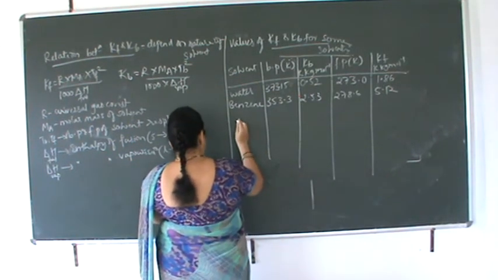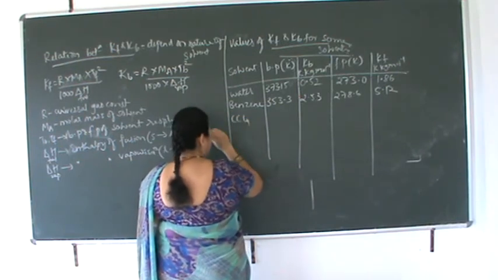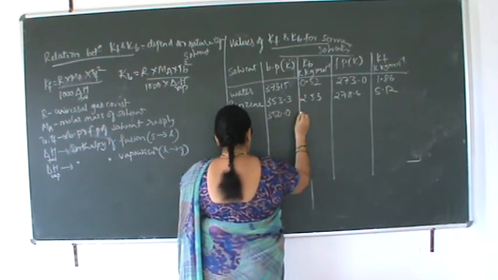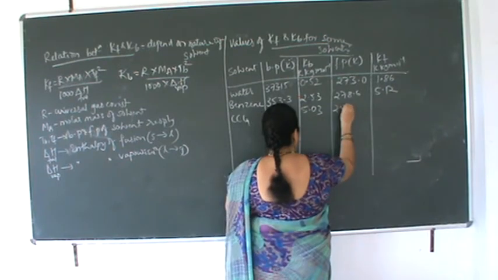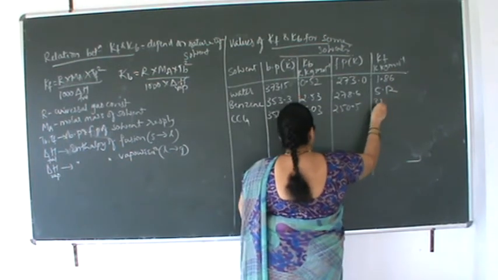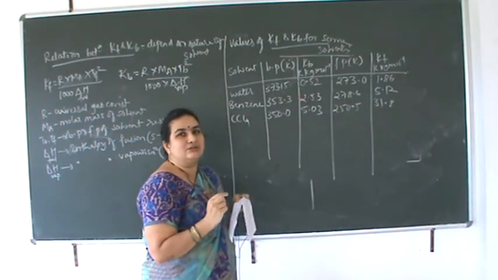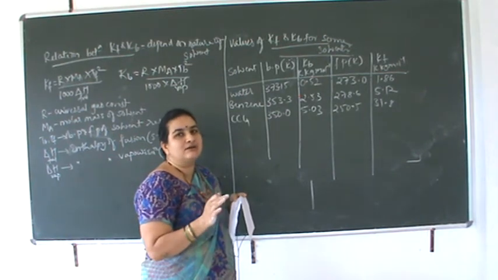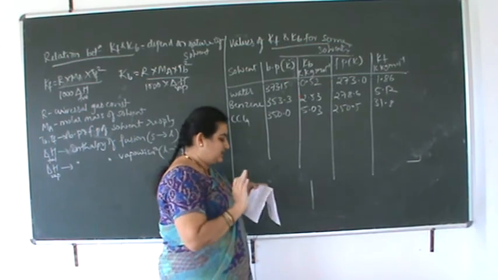Then chloroform, not necessary. CCl4: boiling point 350.0, 5.03, then 250.5, 31.8. In the problems, you will be given the values of Kf and Kb. If they do not give the values of Kf and Kb, remember them from the chart.